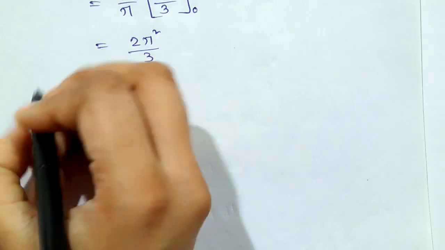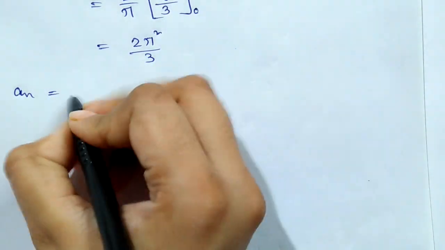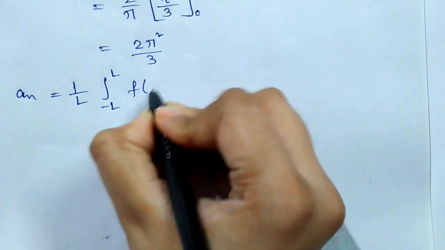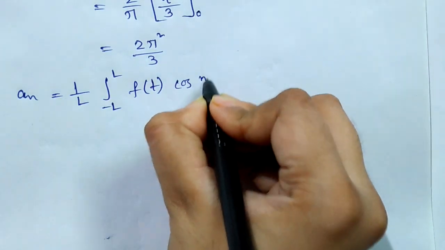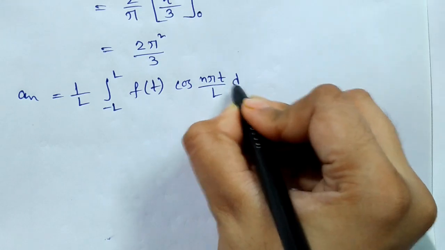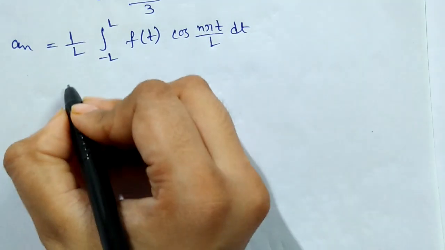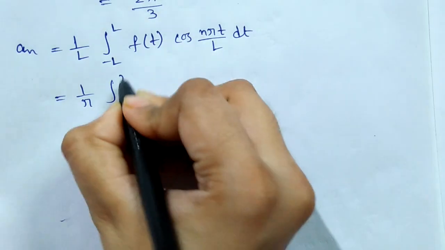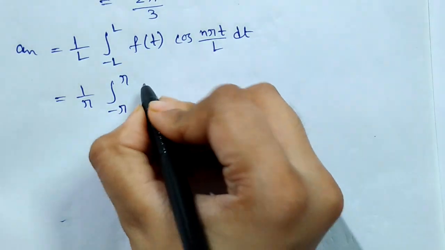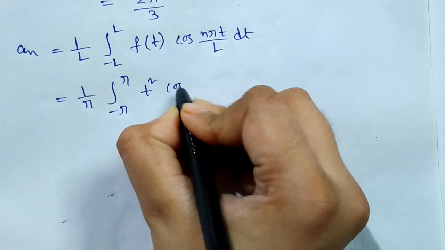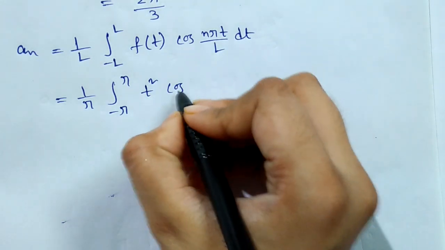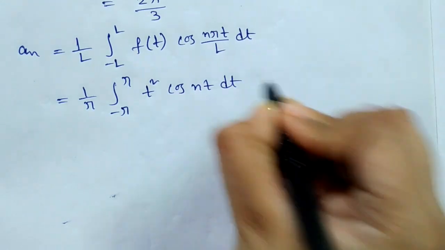Now we are to calculate the value of an. Now an equal to 1 by L integration minus L to L f(t) cos n pi t by L dt. Now this is equal to 1 by pi integration minus pi to pi, f(t) means t square, this is cos; since the value of L is pi, so pi cancels out, therefore cos nt dt.